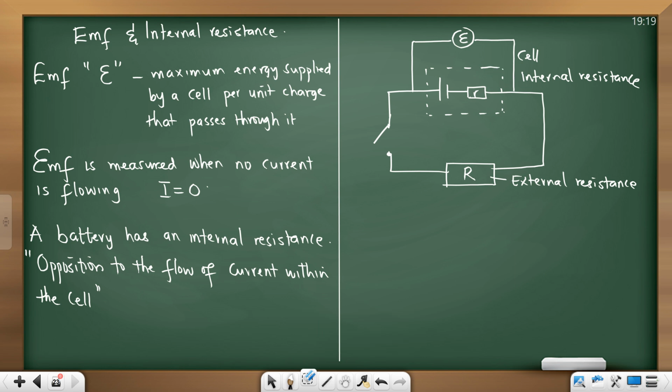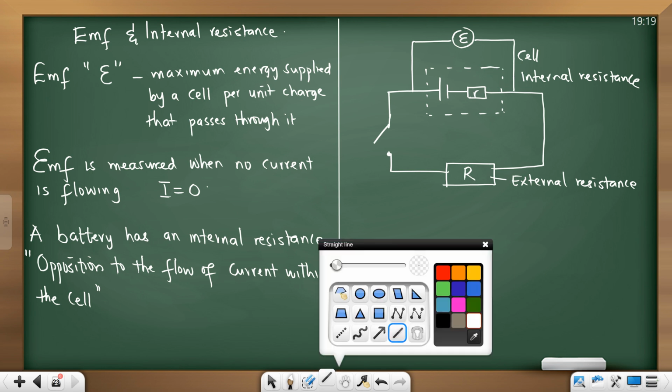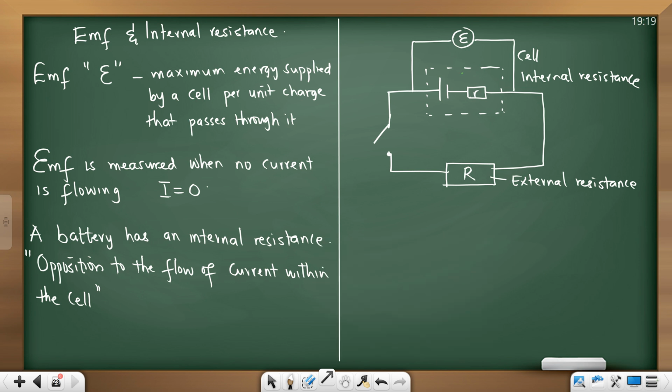Now is to look at the dynamics of operation. So this whole thing is my cell, that's my internal resistance, and that's my external resistance. And because the switch is opened, I'll put a voltmeter there, but I'll be measuring what? EMF.